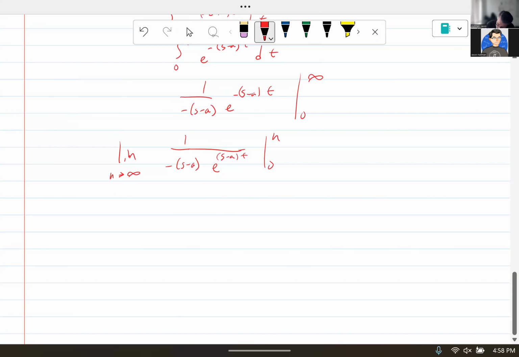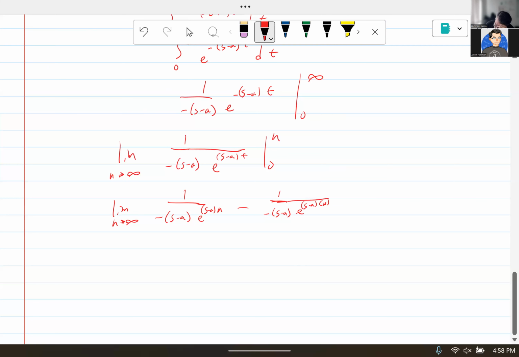And so this is the limit as n goes to infinity of 1 over negative (s minus a) e to the (s minus a) n, minus 1 over negative (s minus a), e to the (s minus a) times 0.